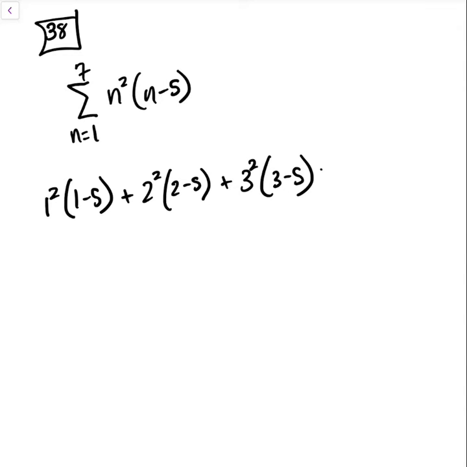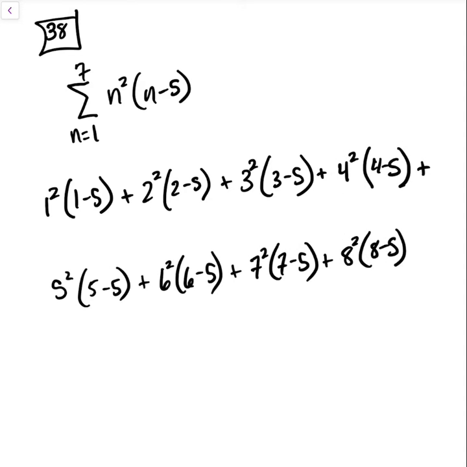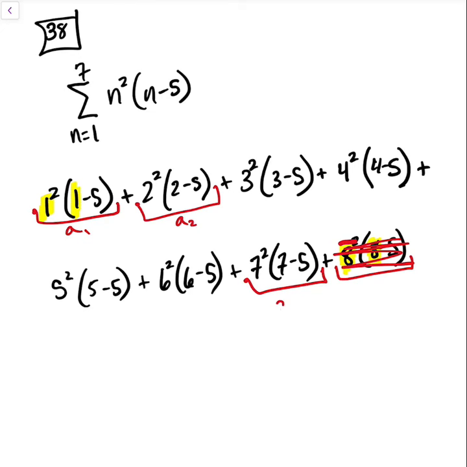Here we go. Here I have all of my terms from 1 to my upper bound. Now I'm going to find the value for each of these terms, from my first term A1, my second term A2, all the way to my 7th term. Oh, you know what? My upper bound is 7, not 8, so I actually don't need this last one. This will be my A7.